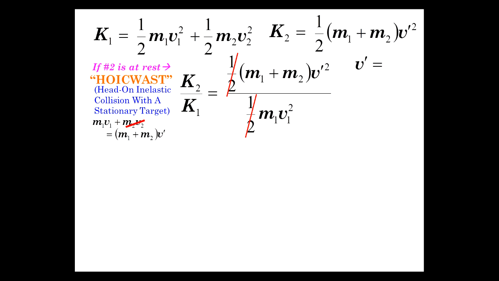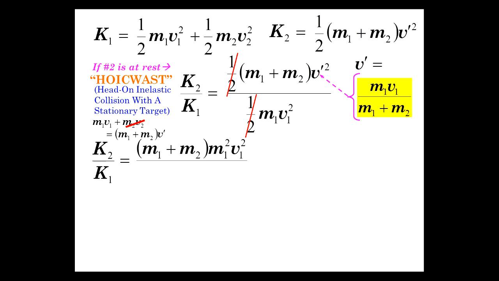And we recognize also from the momentum expression we can solve for v prime, and that gives us this result, which we can sub in for the v prime in our ratio. And when we do that, the halves are gone, so we have m1 plus m2. The top part of this squared is m1 squared, v1 squared, and then we divide it by m1 v1 squared times this quantity squared, so there it is.